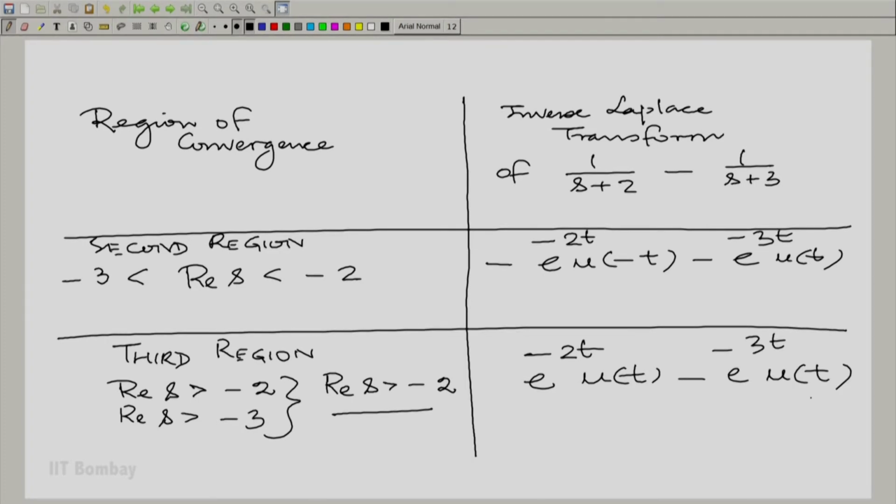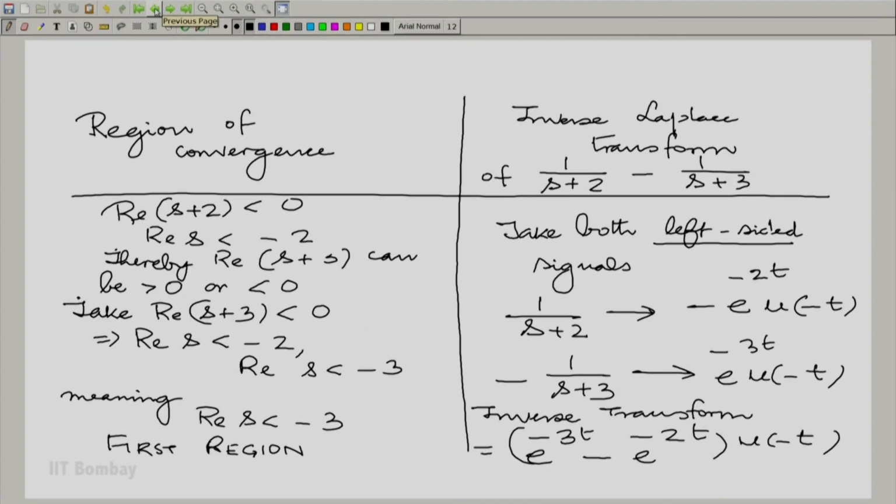So, in fact, if you look at these three possibilities, in the first region of convergence, the overall signal is also left sided. It is all a u of minus t here, so it is left sided.